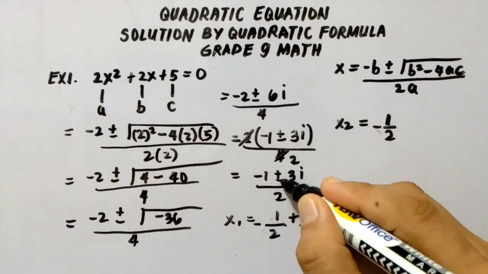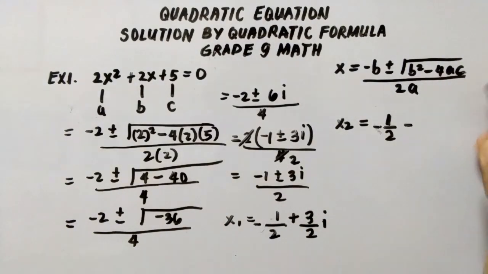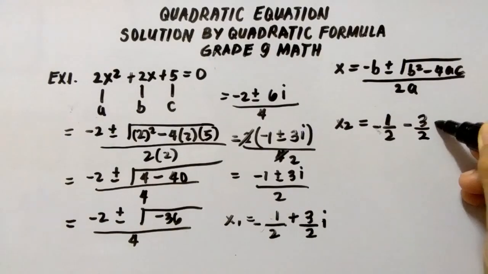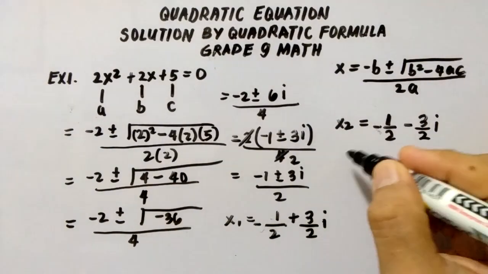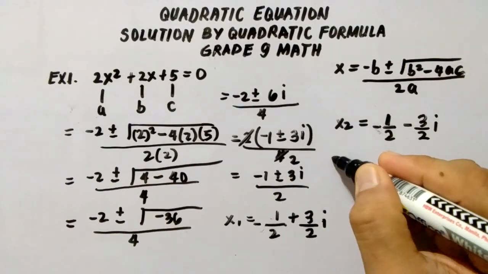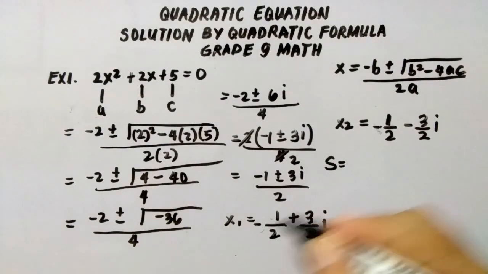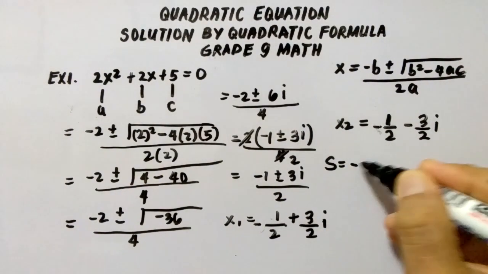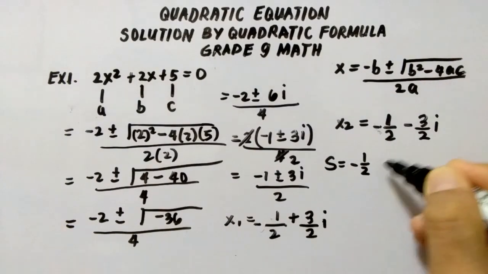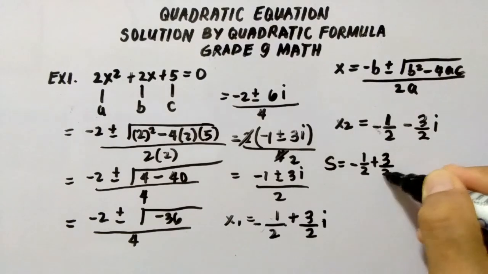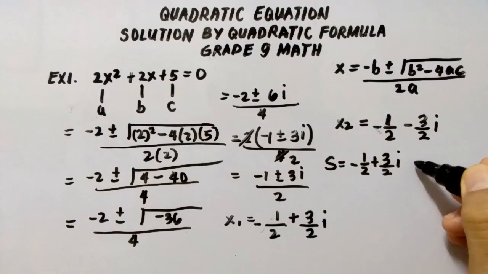Then, gamitin po natin yung negative sign. Then, 3 over 2 i. Okay. So, solution is equals to x of 1 natin. So, we have negative 1 half plus 3 over 2 i.